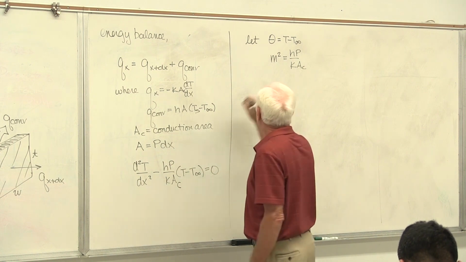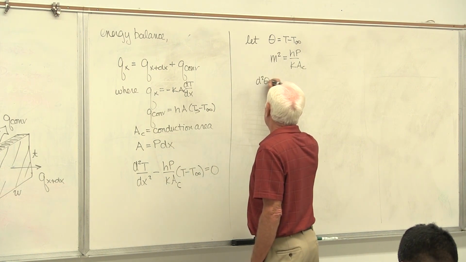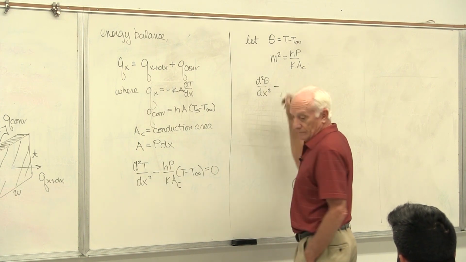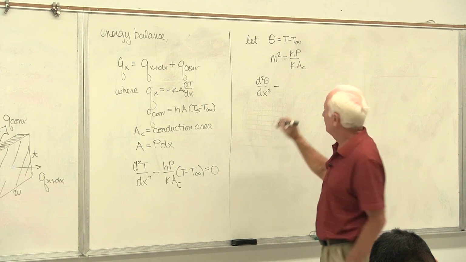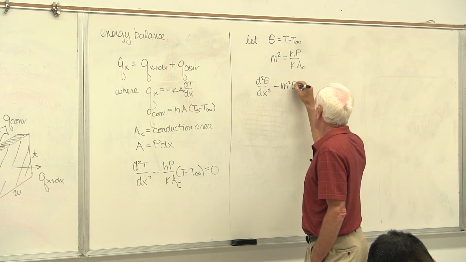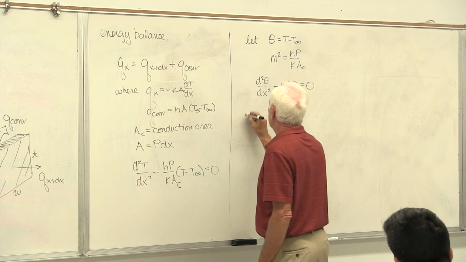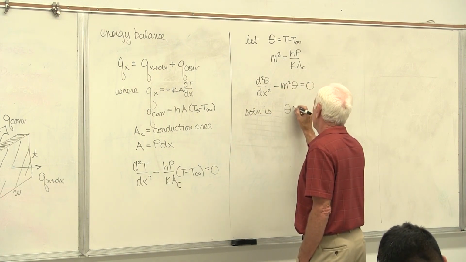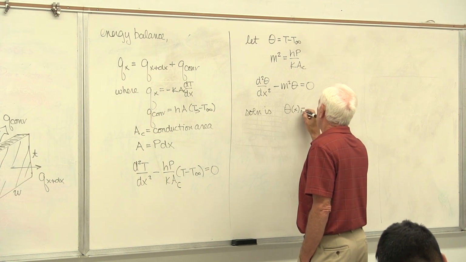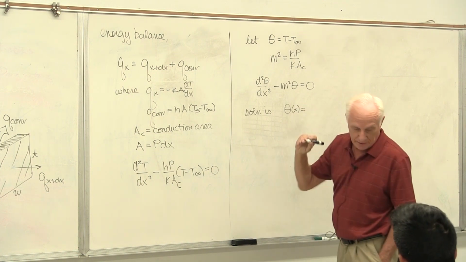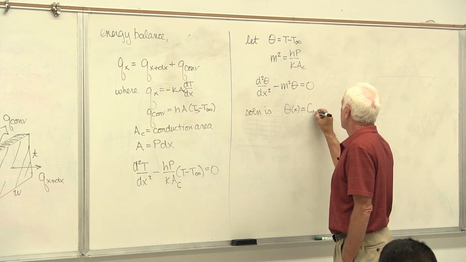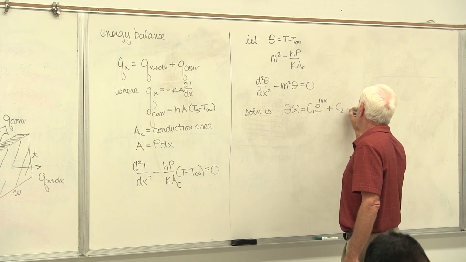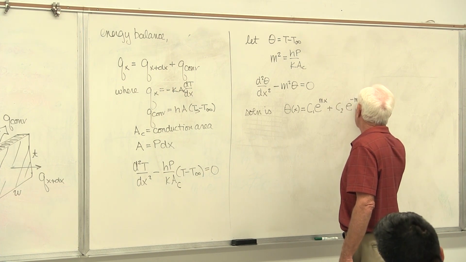And if I do that, I get d squared theta dx squared minus m squared theta equals 0, whose general solution, theta as a function of x, becomes equal to constant C1 e to the mx plus C2 e to the minus mx.